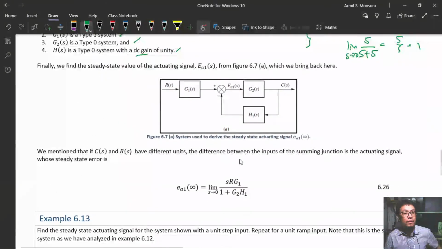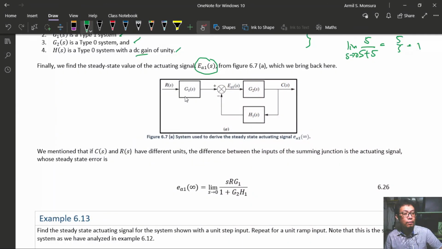And then finally, we now talk about the actuating signal itself. Earlier, what we were discussing was purely error, under the assumption that your R, your input, and your output are of the same quantities and therefore possess the same dimensions.